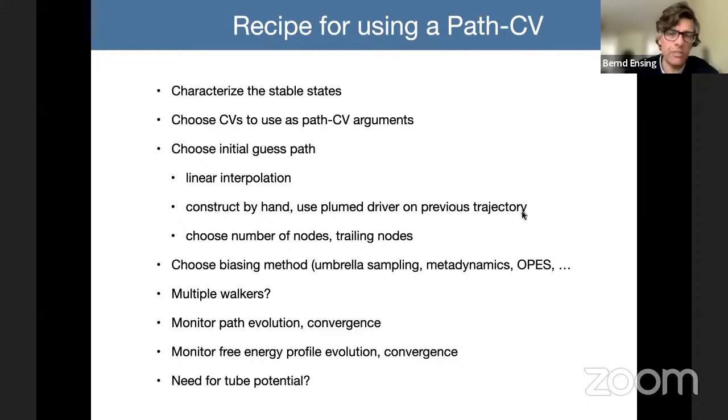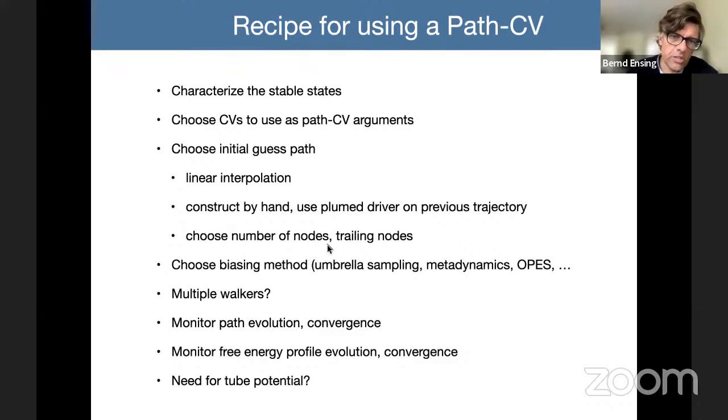So you have one trajectory, and you can measure on each frame of this trajectory the value of the collective variables that you use as arguments, right? So the space of collective variables that you want to use, and then you can just use that to make a guess path for your path CV calculation.